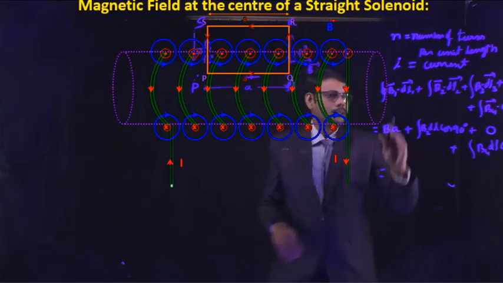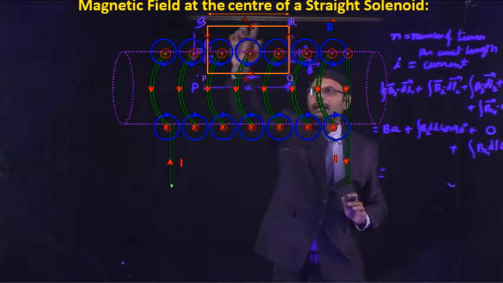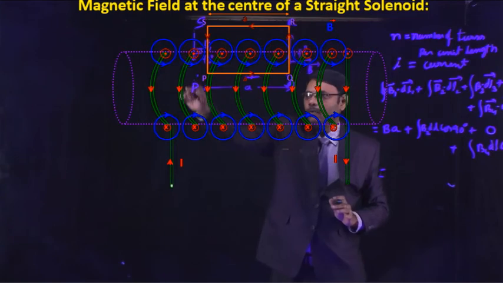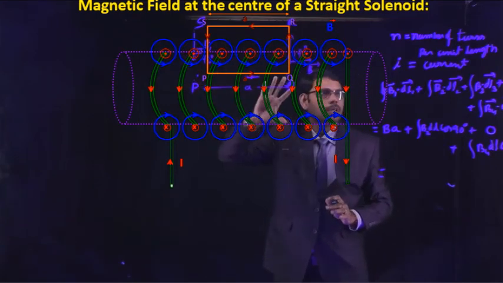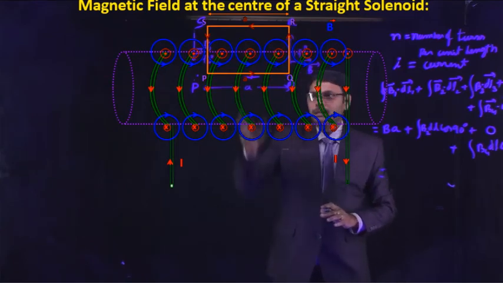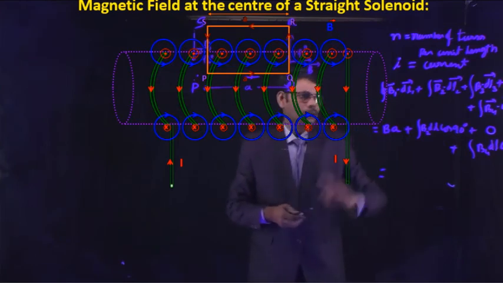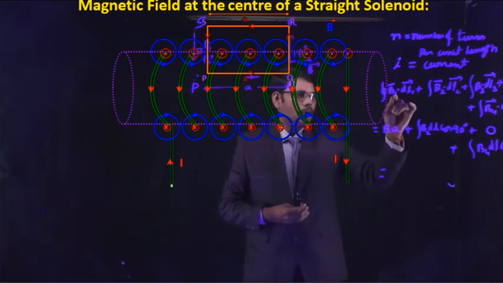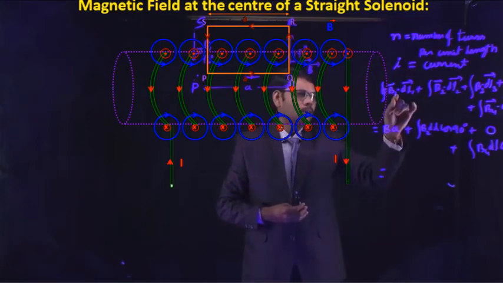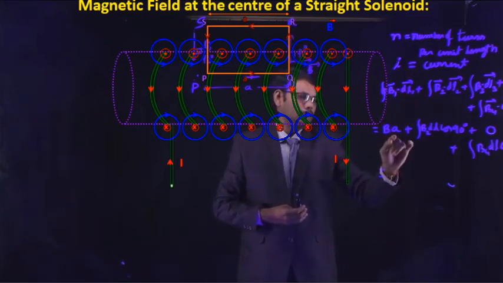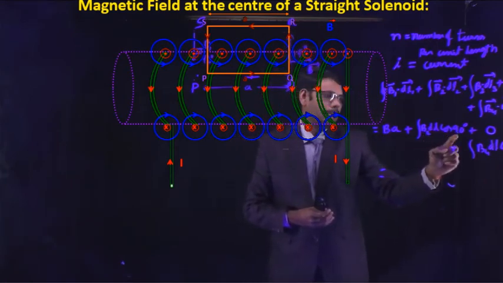Once again, I applied the integral of B bar dot dl bar formula for the closed loop. Here we have the PQRS closed loop. For the PQ length, the integral of B1 bar dot dl1 bar, B1 is B, dot dl means B dl cos 0, which is 1; B is constant, so B times the integral of dl is a, giving B into a. For the QR part, theta is 90, so B dl cos 90.